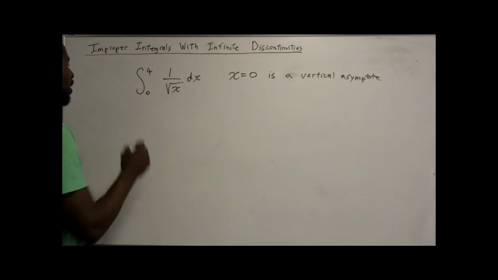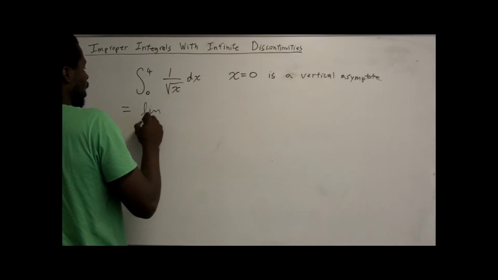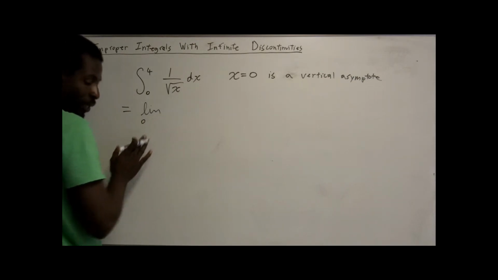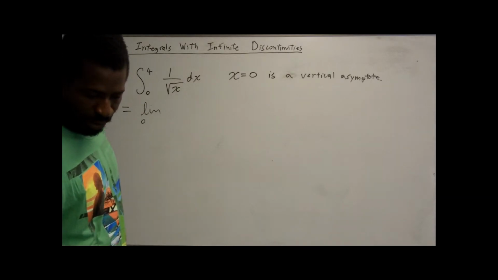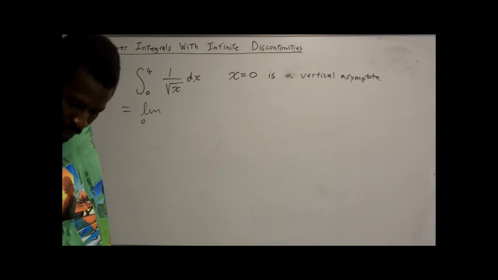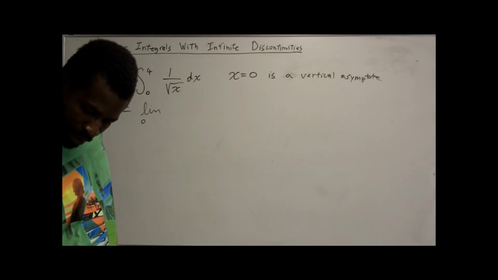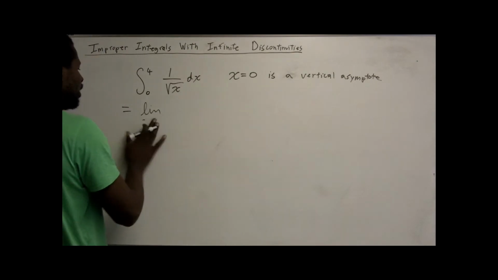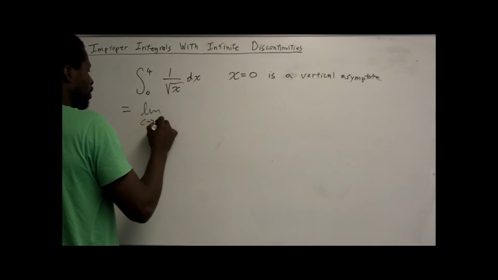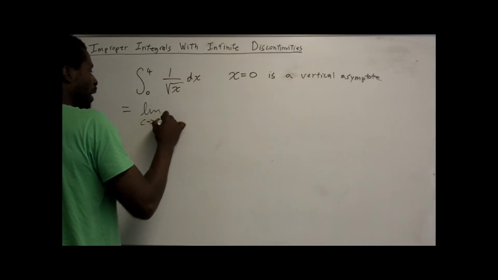The second definition said that this is equal to the limit as c approaches a, which is 0 in this case, from the right.